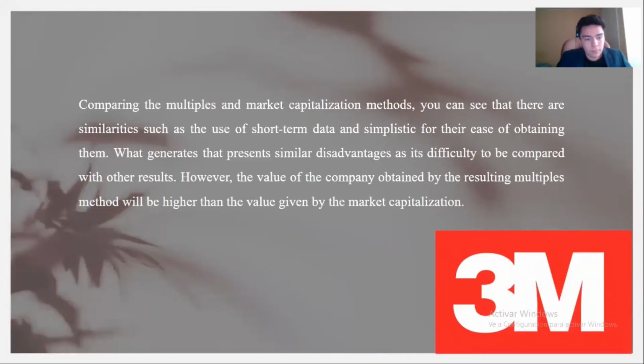If we compare the multiples and the market capitalization, we could see that there are some similarities: they use short-term data and are simple to obtain. Another thing is that these two methods could give disadvantages, that is, it is difficult to compare them with other results. However, the value of the company obtained by the multiples method will be higher than the value given by the market capitalization.